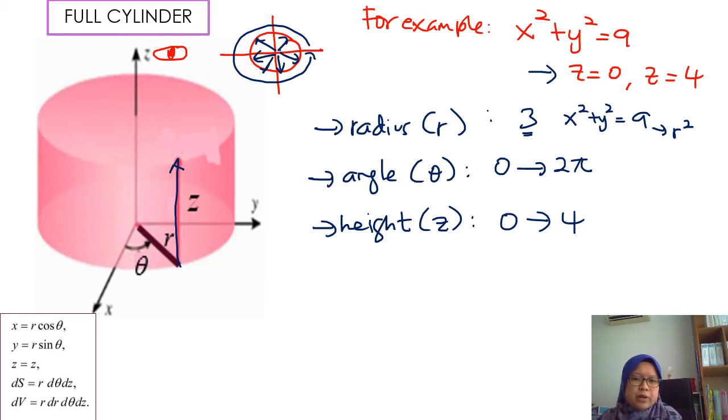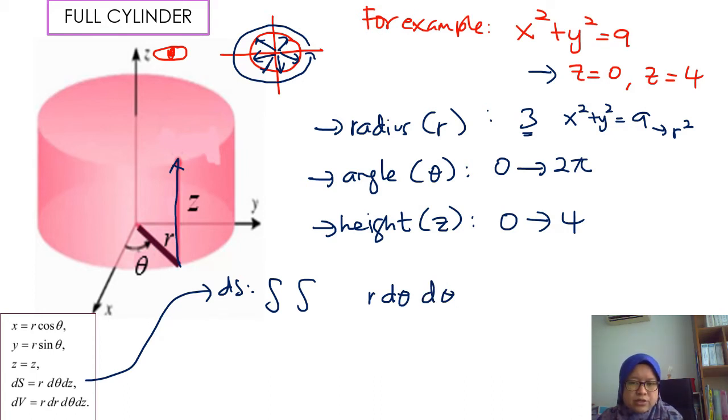Therefore, if you want to apply this polar coordinate to do the surface integral, ds, you do a double integral because we have d theta dz. So it is r d theta dz; you can change the order, dz first and d theta next, no problem at all. But it should have d theta and also dz.